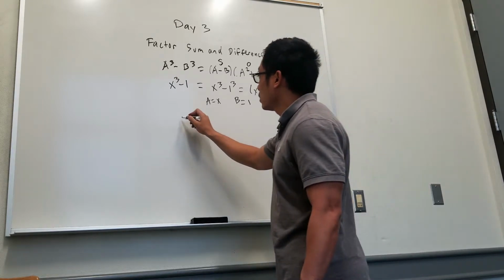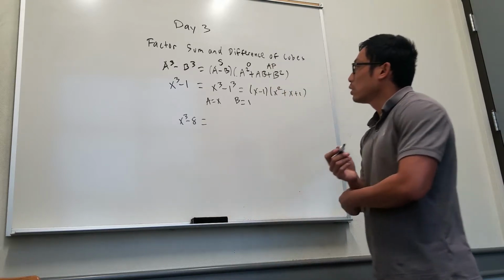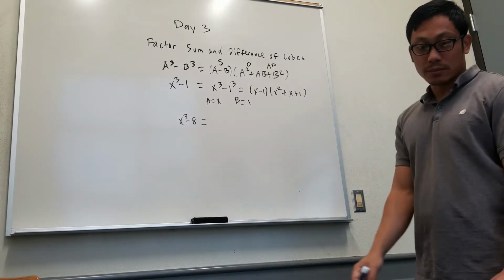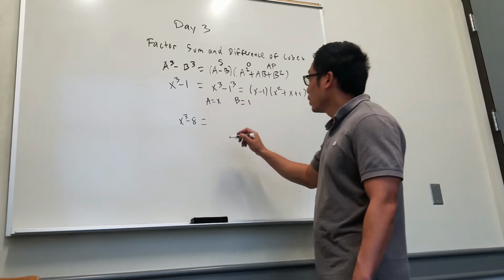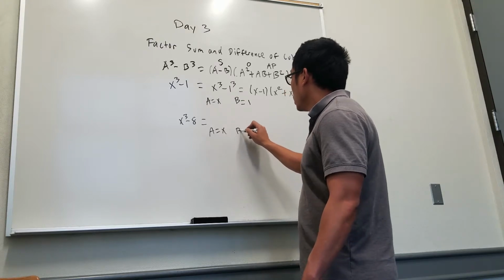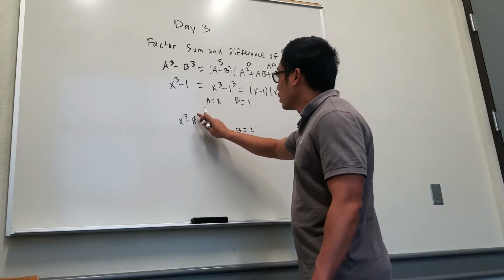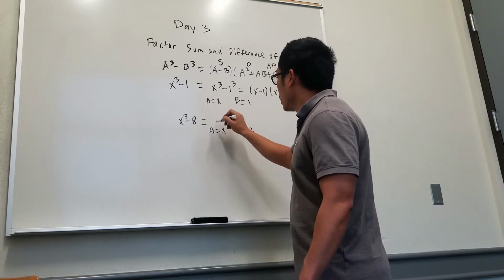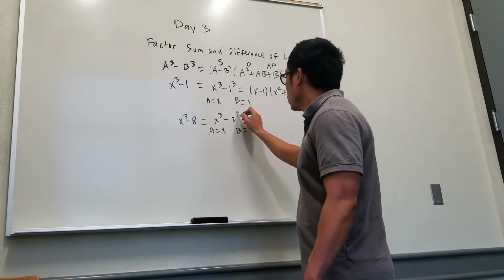How about let's do another one, X cubed minus 8. Let's try it out. Okay, so what is A? A is equal to X, B is equal to 2, because it's not negative 2, be careful, it's just 2. This is in the form X cubed minus 2 cubed, right?